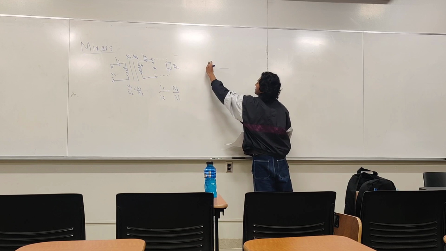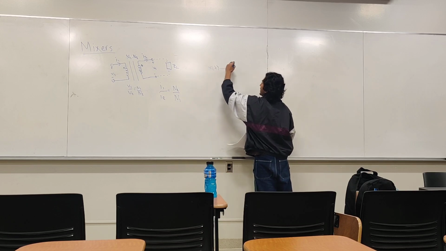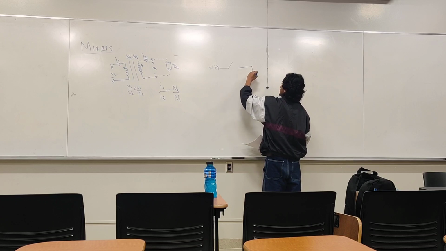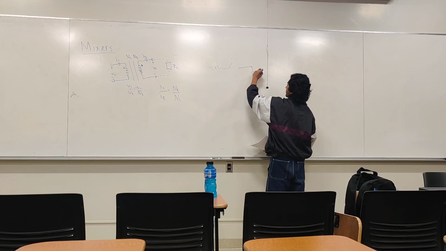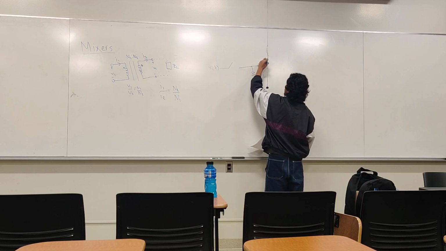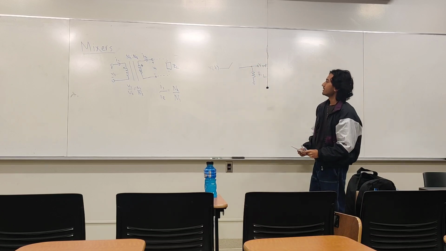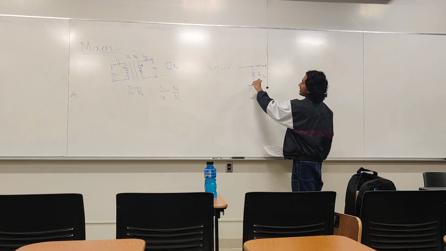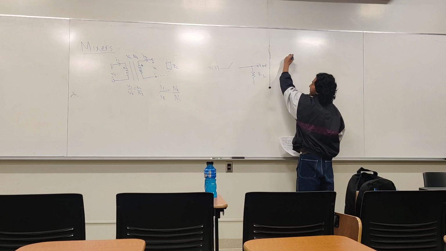Okay. So let's say we have a signal. Let's call it x of t, and we have some switch it's connected to, and then some load, and some output voltage, right? And then what we do is we say, okay, if this switch is on, then what can we say?